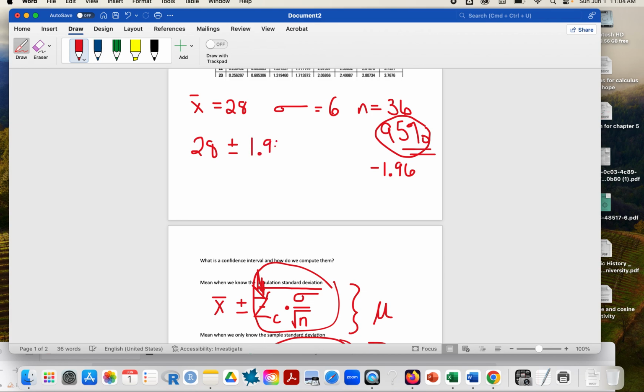Now, you might ask, what happened to the negative? Well, the formula already has built into it the plus and the minus. It considers that when we put that 95 in the middle, we actually generate a negative critical value as well as a positive critical value, and the formula already has that built into it. So all we need is the numerical value, the 1.96.